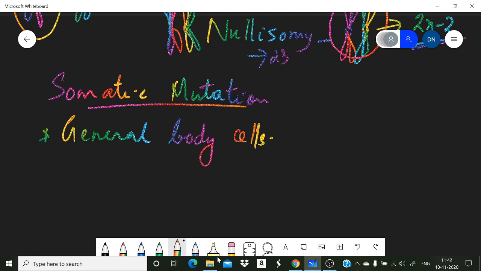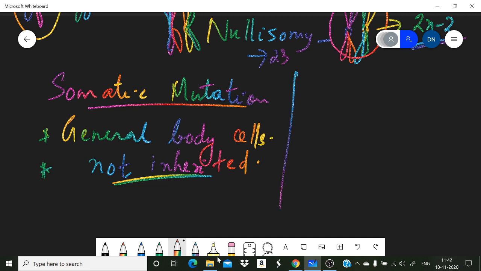These are not transmissible or inherited, and hence less harmful. And it does not play that much important role in evolution, somatic mutation.